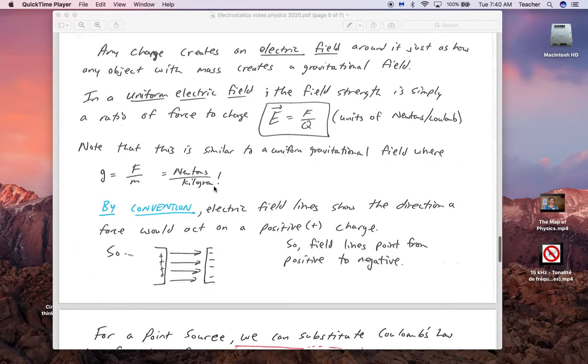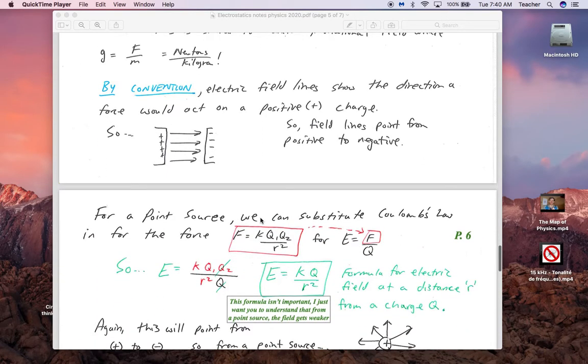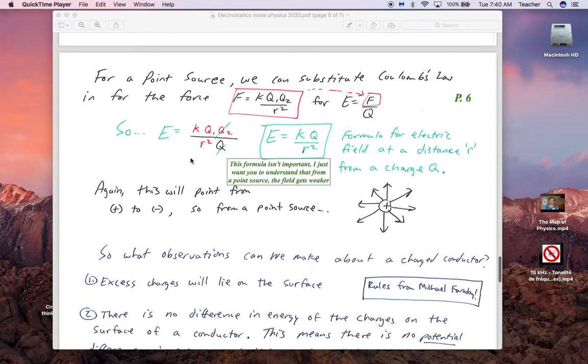By convention, gravitational field lines point toward an object with the largest mass. By convention, electric field lines point from positives to negatives. Again, I don't think we're going to deal much with this, but I want to make sure you saw it and see the analogy. We don't always have a uniform gravitational field. We don't always have a uniform electric field either.